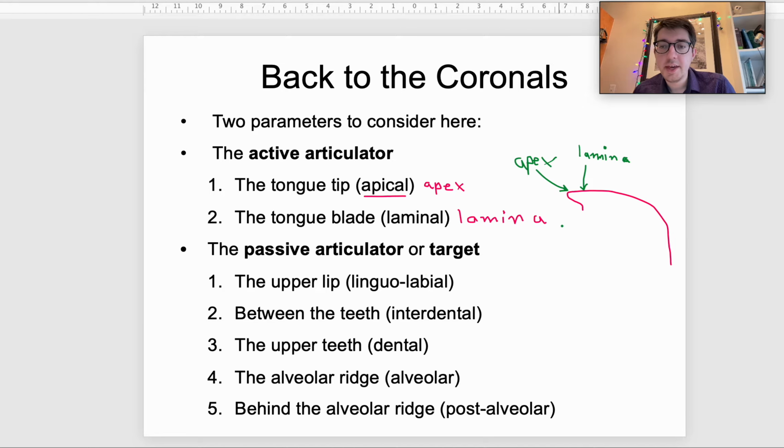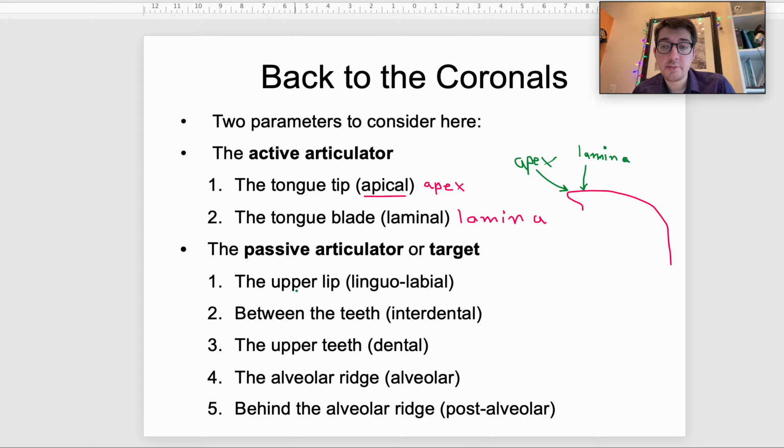Now, they have some surface to hit or target to hit, and the targets are the upper lip, so it can be linguolabial. Linguus stands for tongue, and labial for lips.